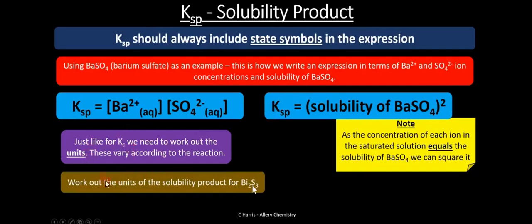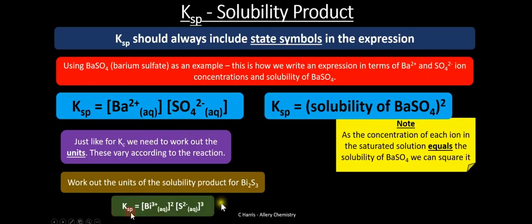So just like for Kc, we need to work out the units, and these vary according to the reaction. Okay, let's look at an example here. Work out the units for this Bi2S3 solid. So your Ksp is going to be what? Your Bi3+ raised to the power of 2, and your S2- raised to the power of 3, because these are the ratios.